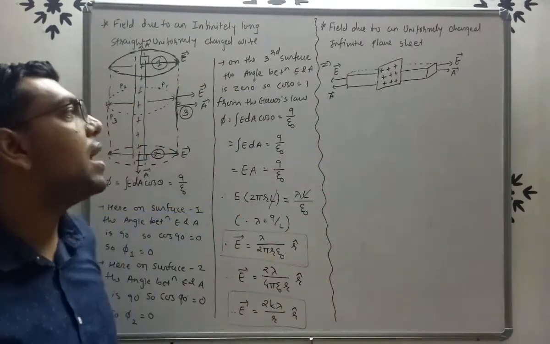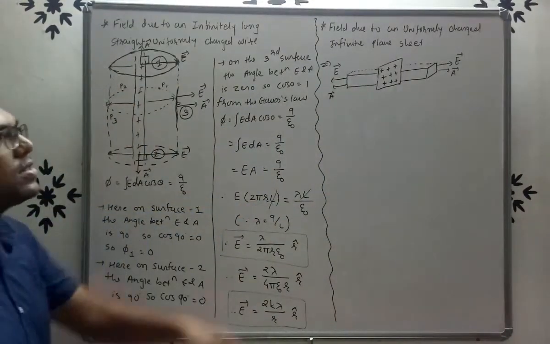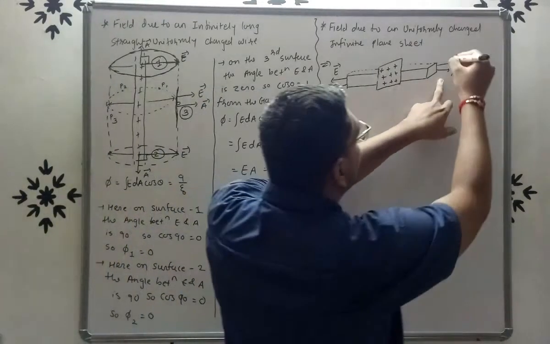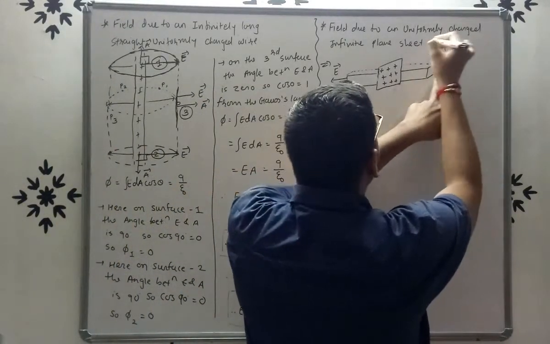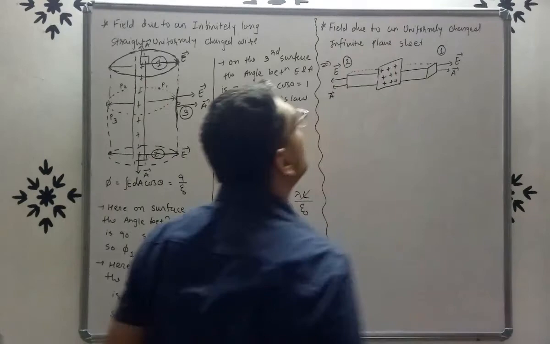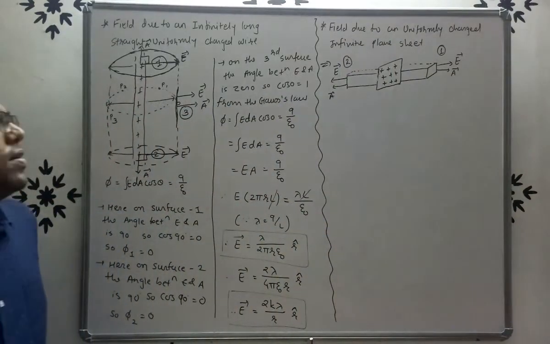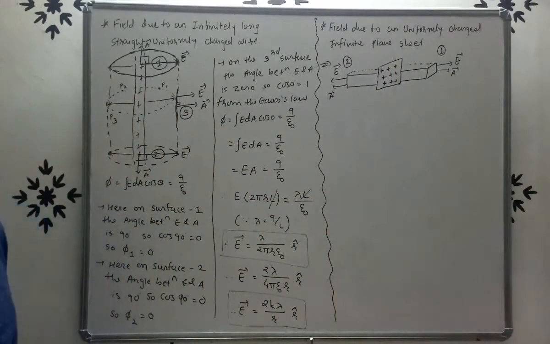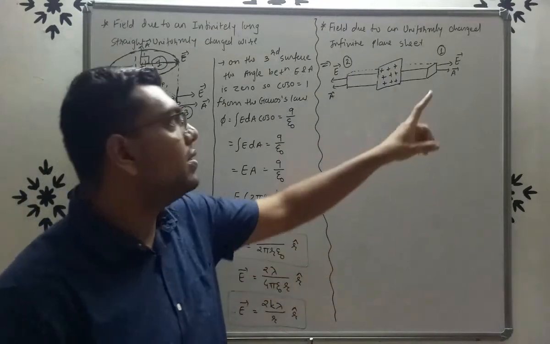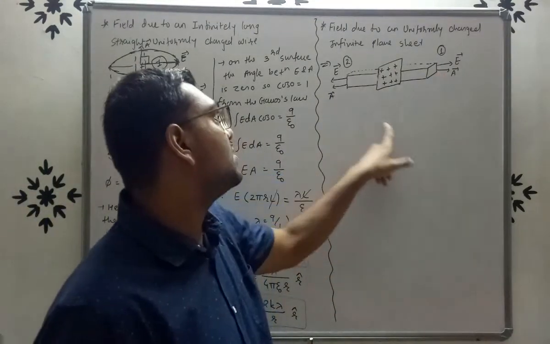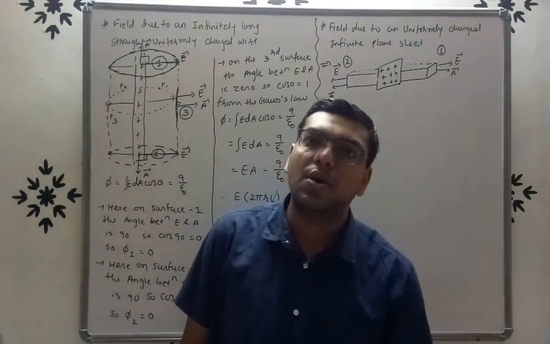Here we have to calculate the flux of this surface. This is surface number 1 and this is surface number 2. To find the electric field, we have to find the flux on surface 1 and surface 2.